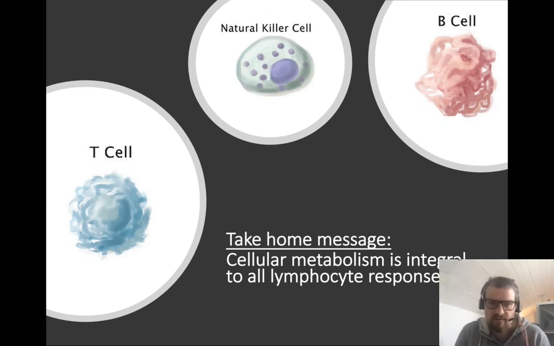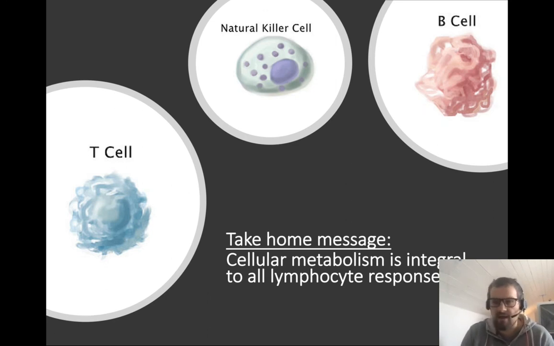Through understanding that, I think we will find new ways to manipulate metabolism therapeutically to control these responses in the context of cancer therapy, or in treating patients with autoimmunity, giving us new avenues for therapeutics beyond what we already have. It's quite an exciting time to be working in this field, as new strategies for controlling immune responses are emerging all the time from immunometabolism.